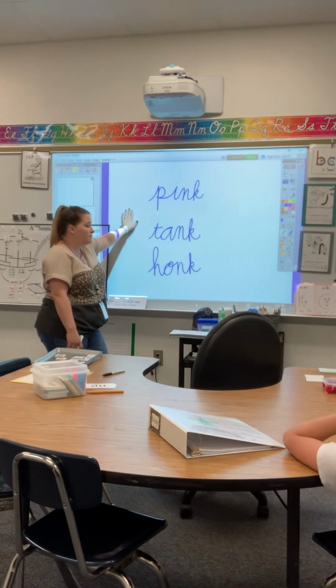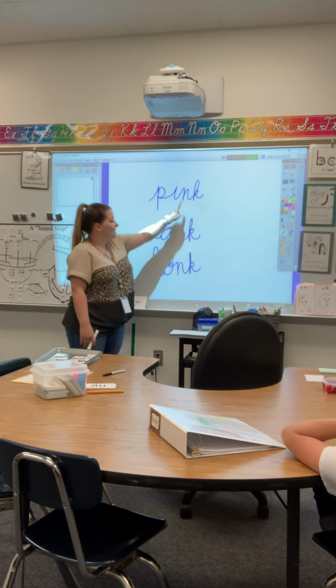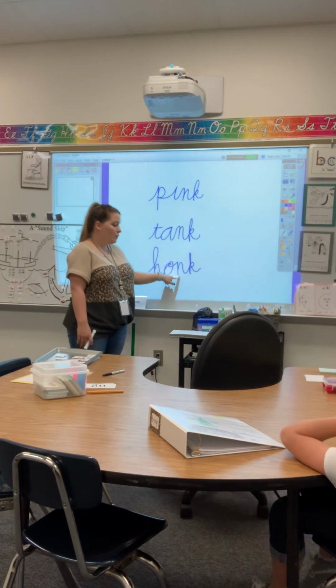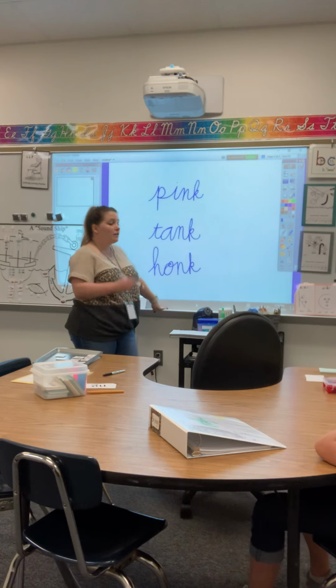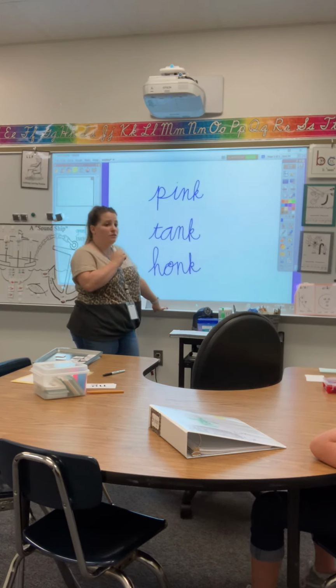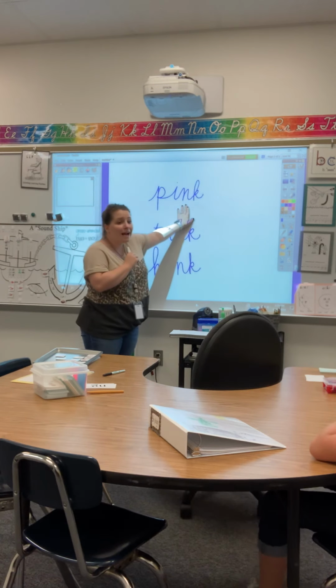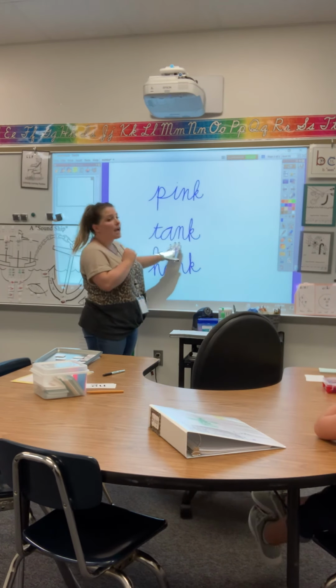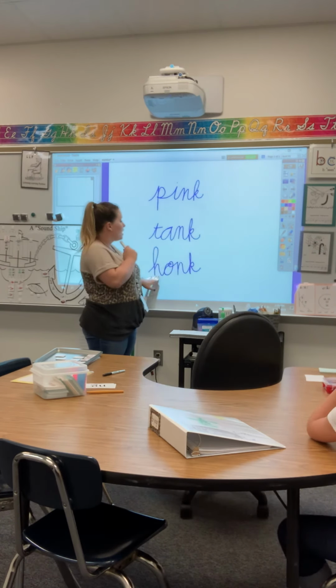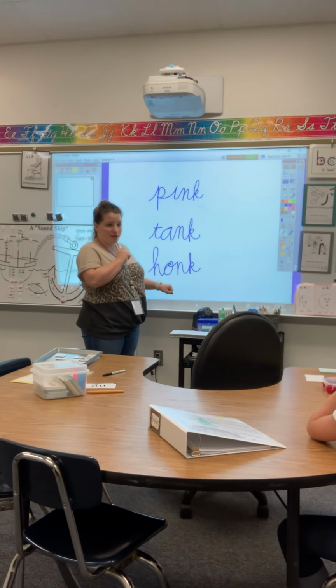What do you see just before K? N. Okay. So the sound is made by the N, and then we add the K to it. So pink, tank, honk. You hear it?